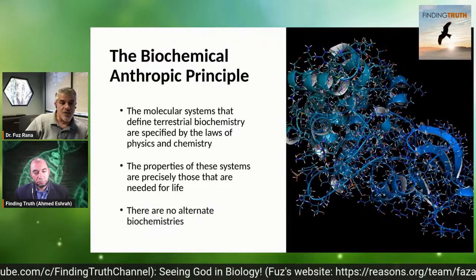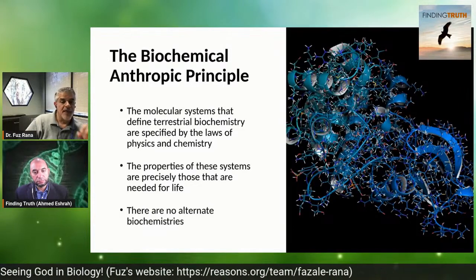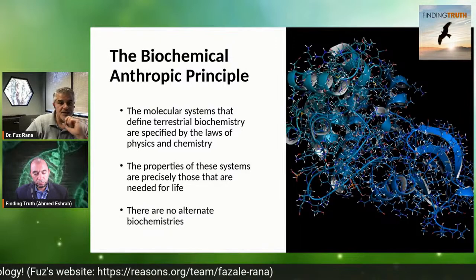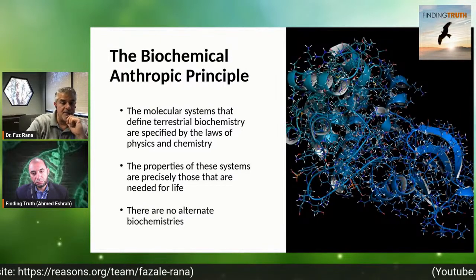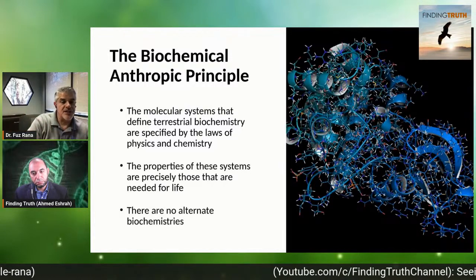They are precisely what you need for life to be possible, and there are no alternatives. And when you take these sets of principles and apply them to cell membranes, you see these anthropic coincidences.